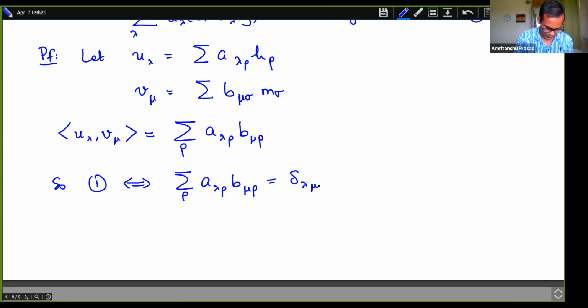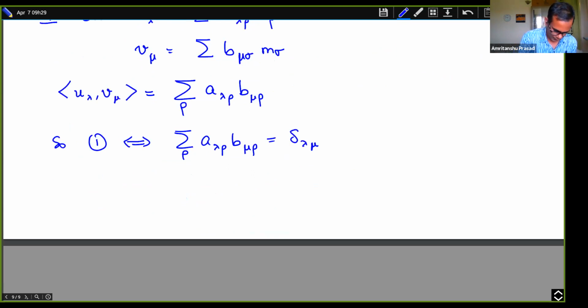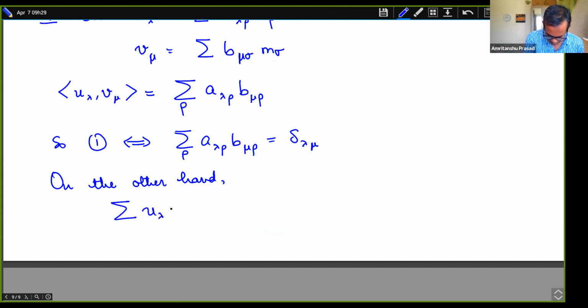Okay, now what about condition 2? So let's look at this sum. We look at the summation over all lambda of u lambda x v lambda y.